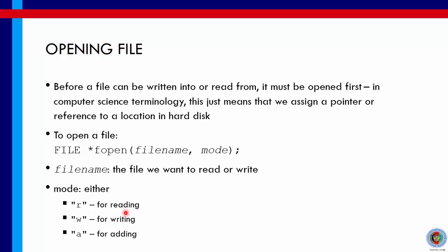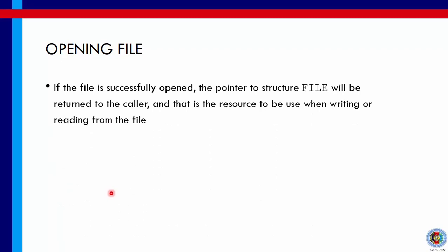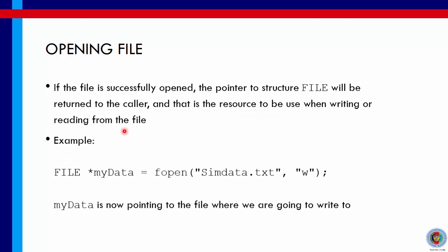If read and write, then we can put RW in a string. You need to put it as a string, meaning in between double quotes. If the file is successfully opened, the pointer to structure FILE will be returned to the caller, and that is the resource to be used when writing or reading from the file.